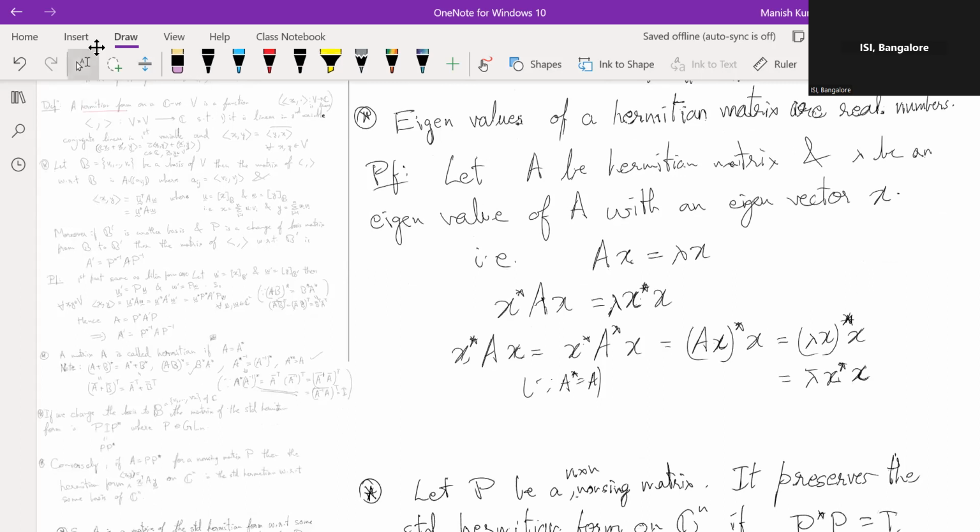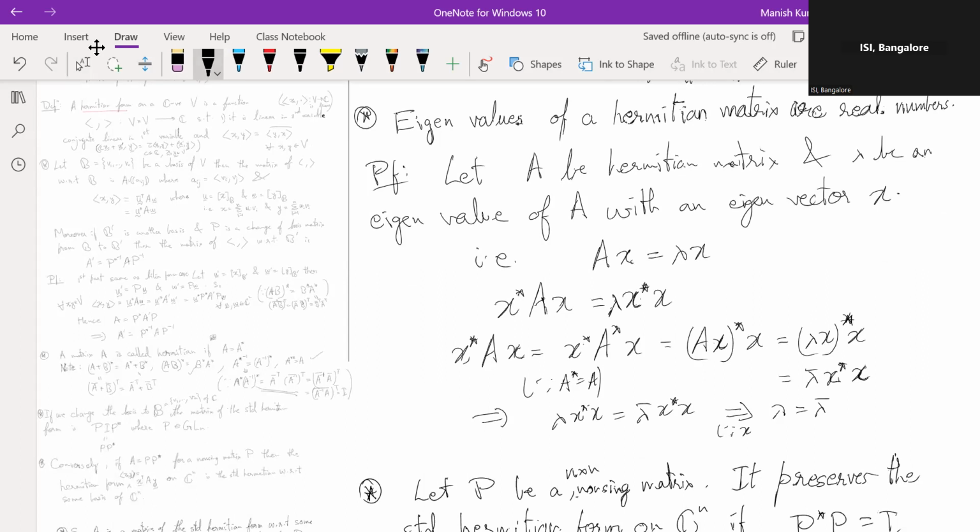So this implies that lambda x star x is the same as lambda bar x star x. But x star x is some non-zero number. So this implies lambda equals lambda bar, since x star x is non-zero.